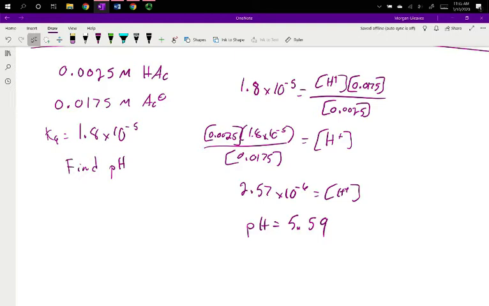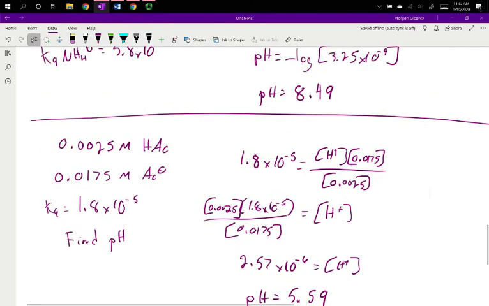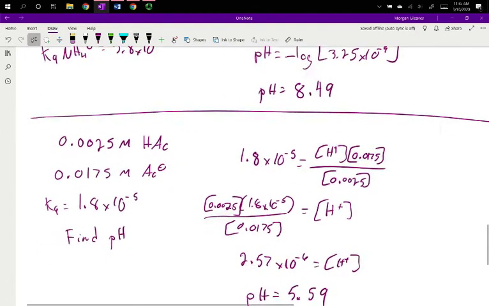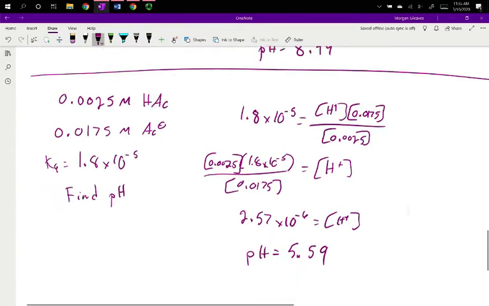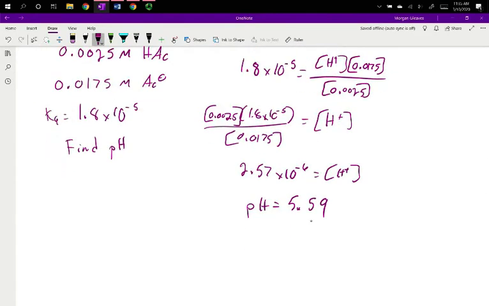So the more base comparatively you have in your solution, the more basic you will be. The more acid you have in your solution, the more acidic you will be. But which weak acid and base you use can start you in very different realms. Our ammonium is generally way up in the basic area to begin with, and our acetic acid is down in the acidic area to begin with, and can just move back and forth within its realm a little.